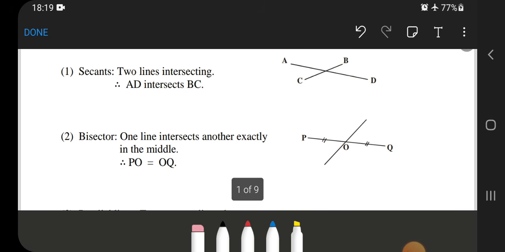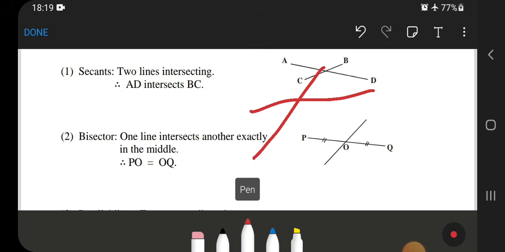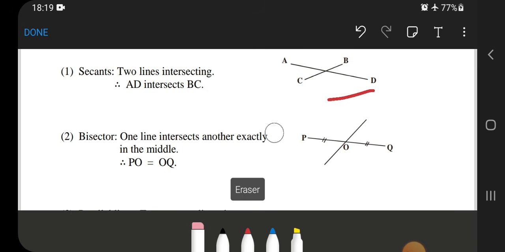Now number 2, when they intersect, it does not necessarily mean that they cut each other into half. Okay, so they're just intersecting. It doesn't mean there is a half. It's just an intersection. But when they bisect each other, which is this part, then they are cutting each other into half.